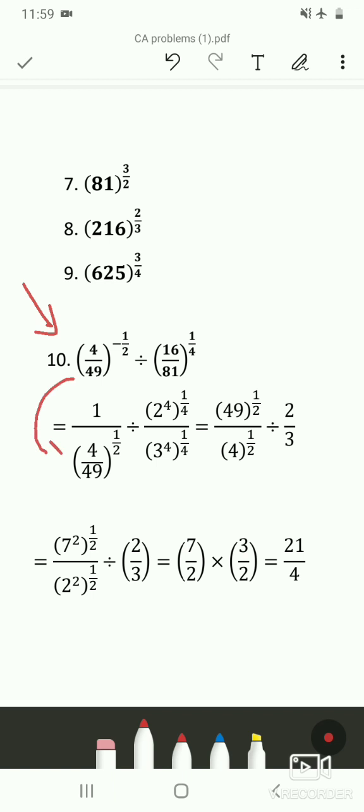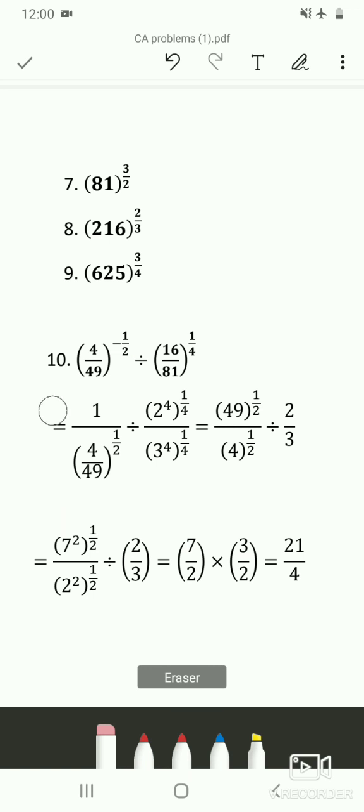So here in this first term, it is a negative index, that is a power minus m can be written as 1 upon a raised to m. So here this whole term is a, and this power term is minus m. So this term is written as 1 upon 4 upon 49 whole raised to 1 by 2.